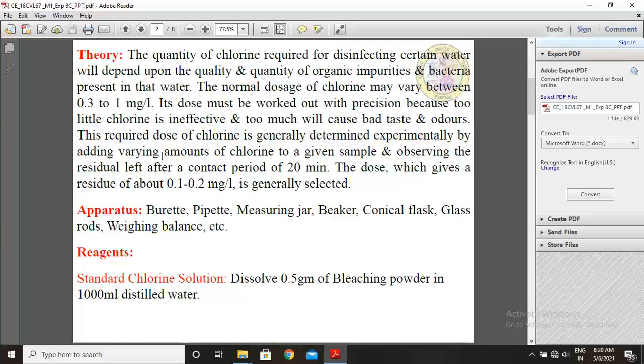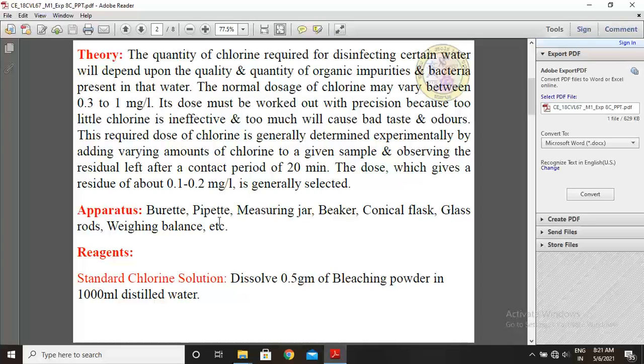This required dose of chlorine is generally determined experimentally by adding varying amounts of chlorine to a given sample and observing the residual left after a contact period of 20 minutes. The dose which gives a residue of about 0.1 to 0.2 mg per liter is generally selected. So this is the concept of this experiment.